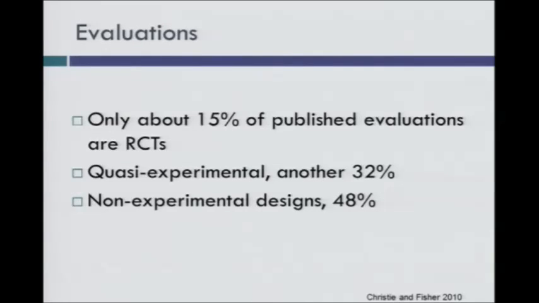And that's not the case. Only about 15% of published evaluations are actually randomized trials. I'm not knocking them, but they're hard to do. They're resource intensive. You can't always randomize people to get services or not. Quasi-experimental are another 32%, and then non-experimental designs are 48%.